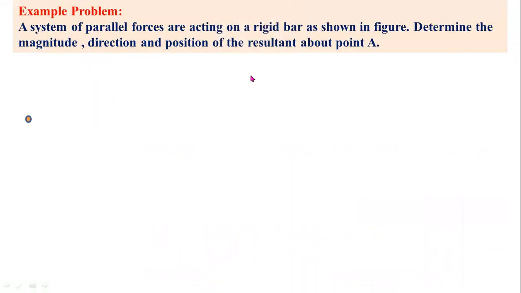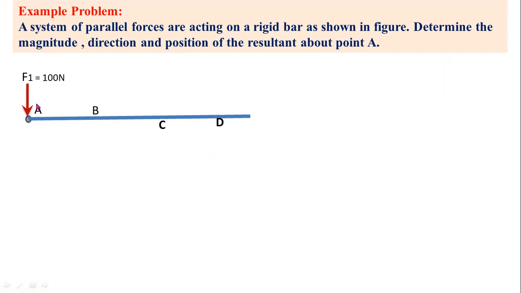This is the given question. A system of parallel forces is acting on a rigid bar as shown in the figure. Determine the magnitude, direction, and position of the resultant about point A. So this is the rigid bar.